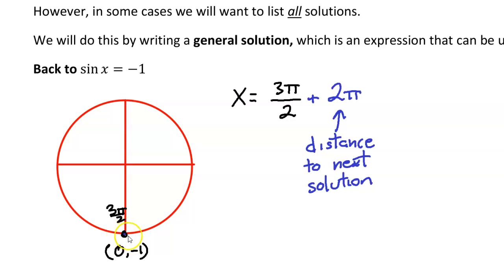If I go another 2 pi, that's another solution. So if I add 2 pi to it, I actually get another answer that also has a sine equal to -1. So if I go around 1 time, that's plus 2 pi. But then we do a little trick where we say 2 pi n, and this n is going to be the number of rotations.